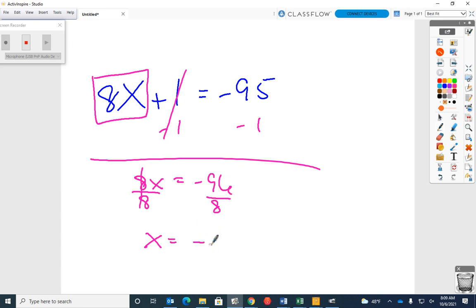And what's 96 divided by 8? 12. Okay, good. You see how we got that one? Say it one more time. You multiply what? No, you're dividing. You divide each side by 8 to get x by itself. This is how we get negative 96 divided by 8 is negative 12. Make sense?